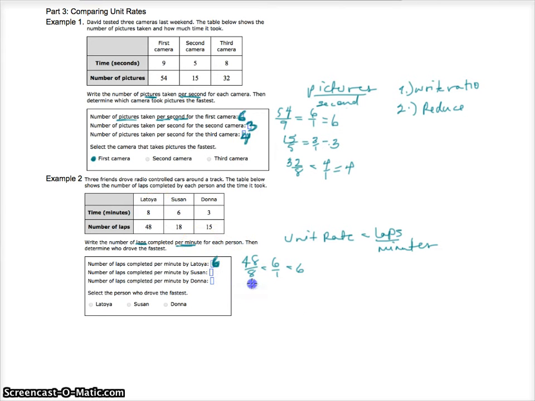Susan completed 18 laps in 6 minutes, which reduces to 3/1, which is just 3. And Donna completed 15 laps in 3 minutes, which reduces to 5/1, which is just 5. So the number of laps completed per minute. So who completed the most in the shortest span of time? Well, that would be Latoya.